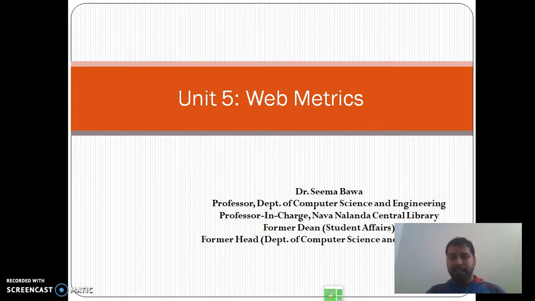She has also worked as former Head of the Department of Computer Science and Engineering from 2001 to 2004 and 2007 to 2009.